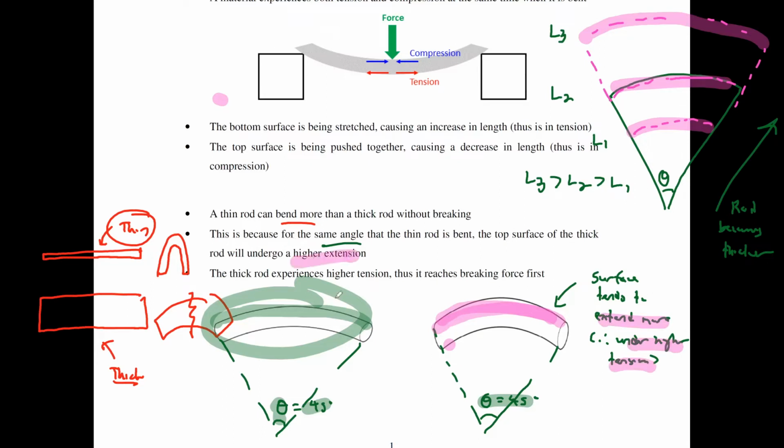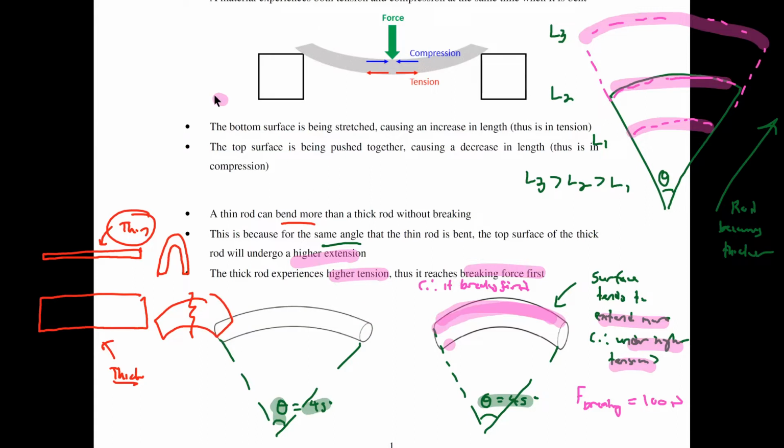So it will be under higher tension. And because it experiences higher tension, it tends to reach breaking force first. Therefore, it breaks first. All materials will break after a certain force. So if I tell you that the breaking force is 100 Newton, if I talk about the thin rod, I bend it at angle 45 degrees, maybe the extension here is just going to be 60 Newton.